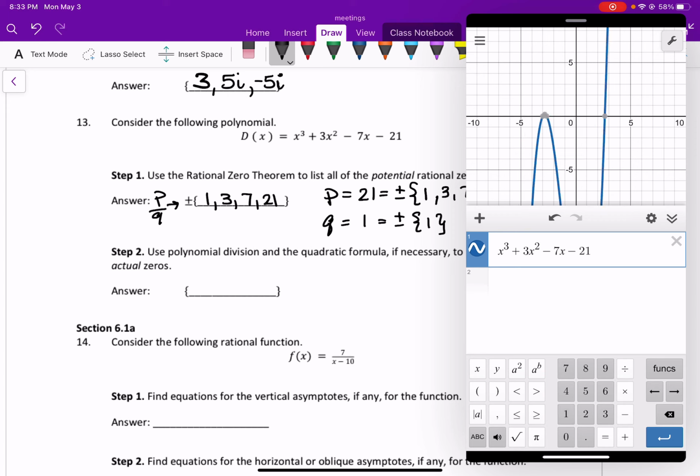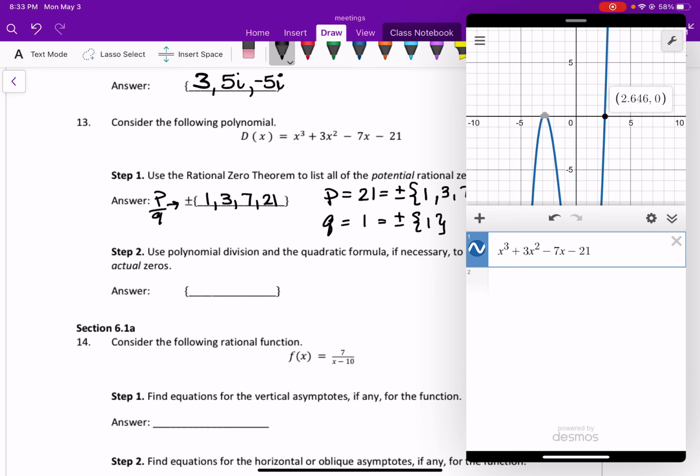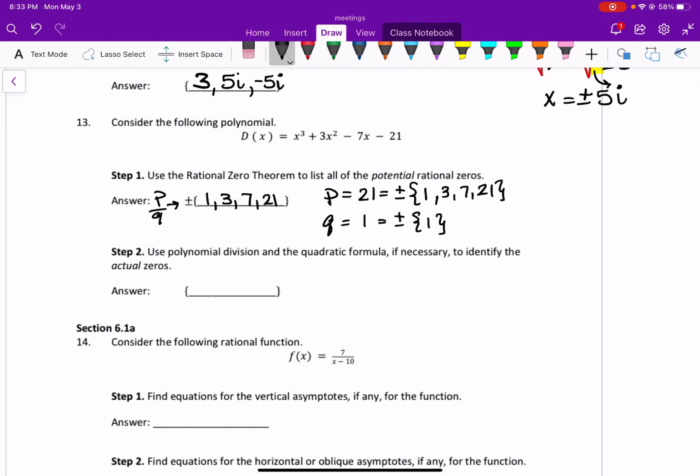There we go. Okay, so we can clearly see a 0 there that's got a really funky, weird answer, and we can see that one's a little bit better, so let's use that -3. So we're going to use -3 as our answer here.